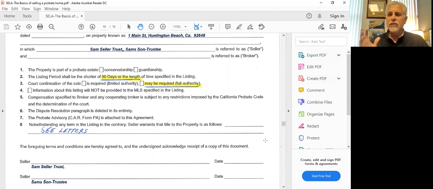You bought it, you knew what you were getting, it's done. This is why, before limited authority, if you go to court, all your contingencies need to be removed. You can't have a request for repair or any reason that the court's going to say, okay, come back in a week. Everything's got to be removed.